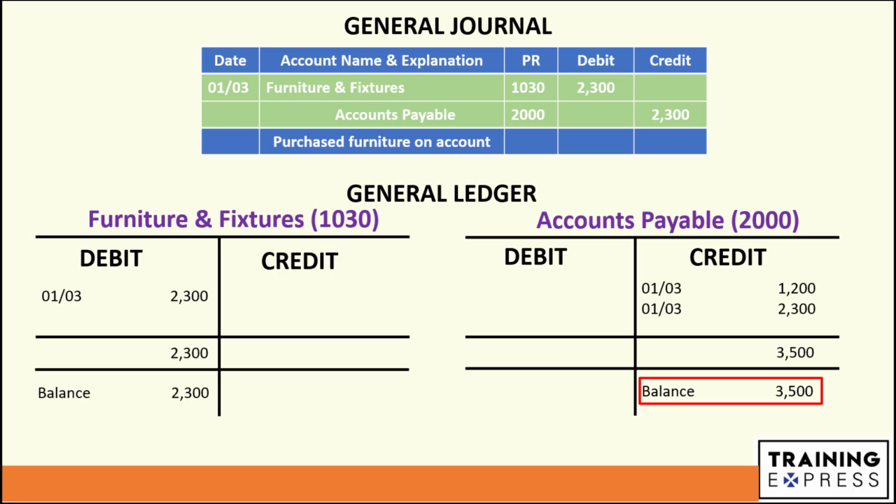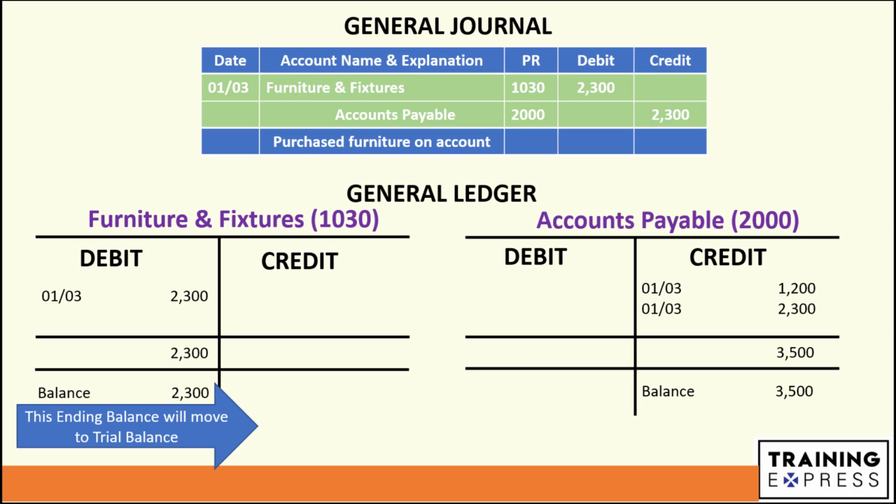Now before we move on, there is no more transaction for furniture and fixtures in this particular example. So we will treat the ending balance of $2,300 as the final balance, and this final balance will be moved to the trial balance.